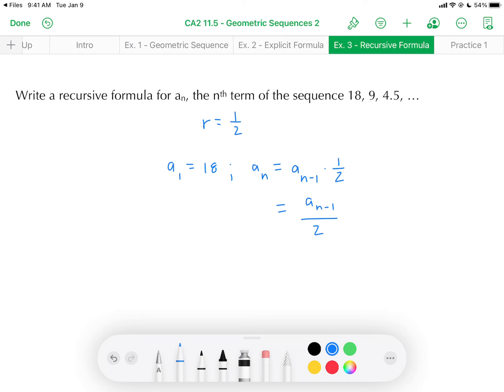Don't let that confuse you. You're just taking the previous term, that's what a sub n minus 1 represents, and you're multiplying it by the r value. Okay?